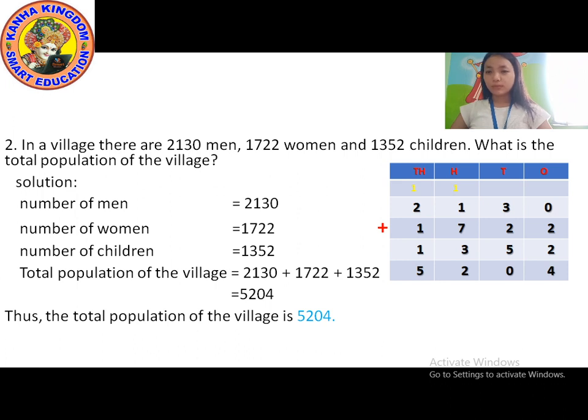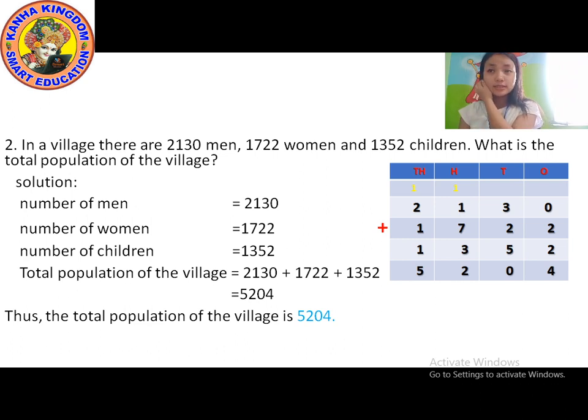So it means the total population of that village is 5204. Thus the total population of that village is 5204. So in word problems you have to read the word problem clearly and understand what you have to find out.